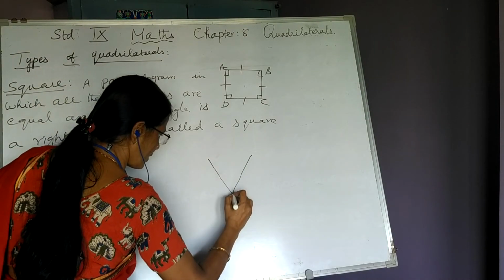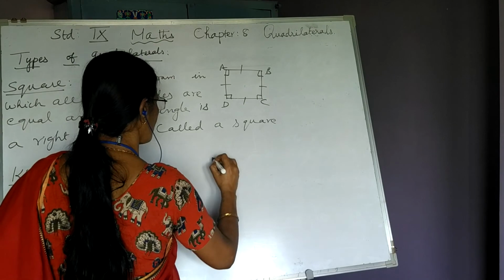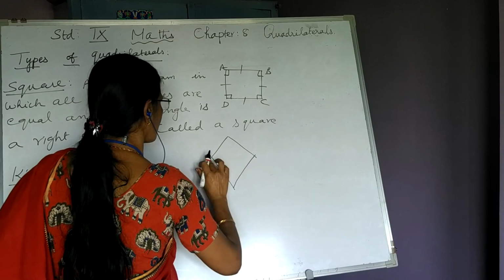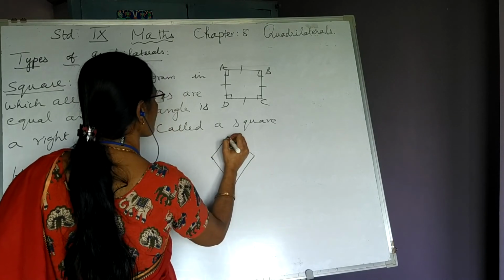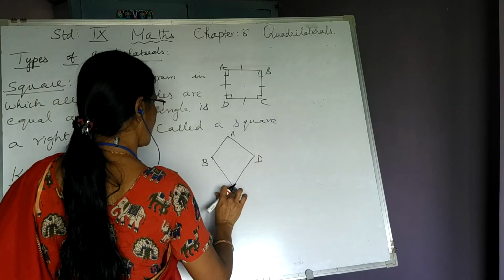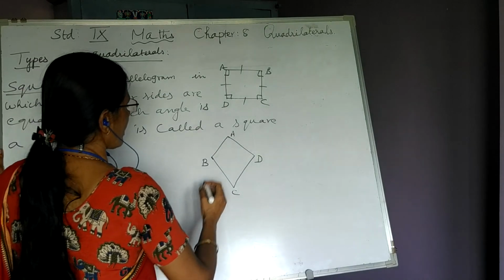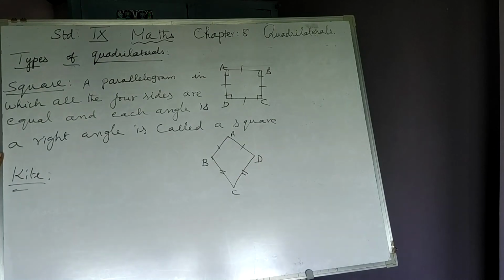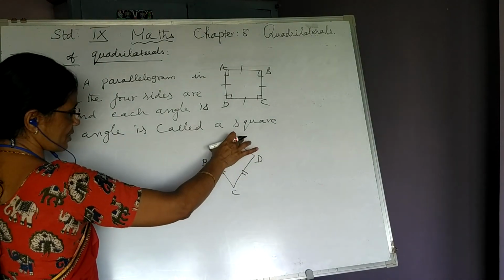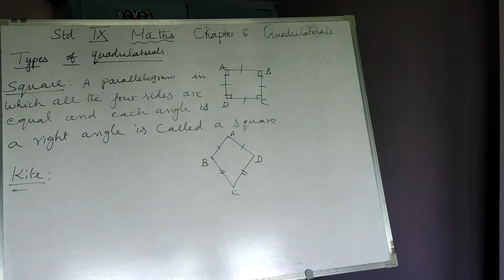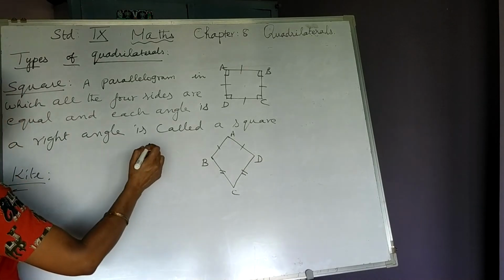Finally comes kite. We are all very familiar with the shape of the kite. In any quadrilateral, if you find two pairs of adjacent sides are equal, these two are adjacent sides, these two are adjacent sides. So if you find both the pairs of adjacent sides are equal, we call that quadrilateral a kite.